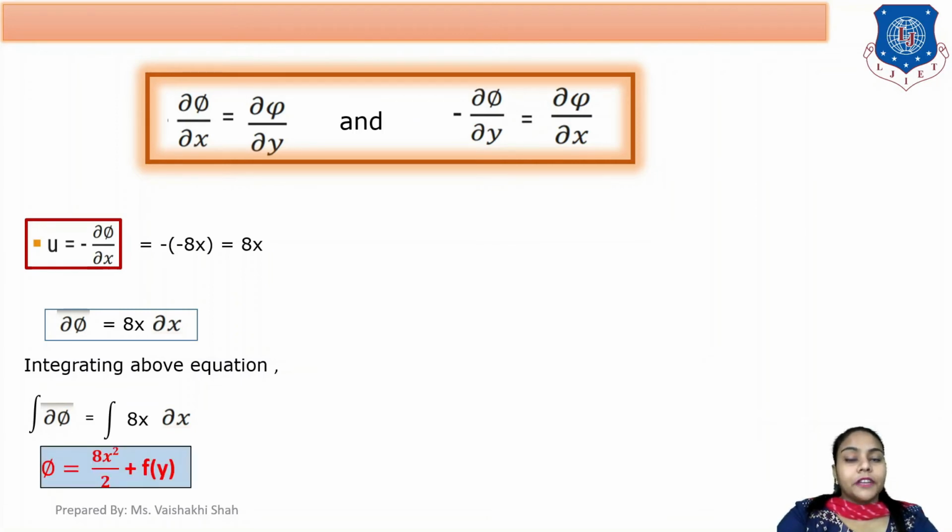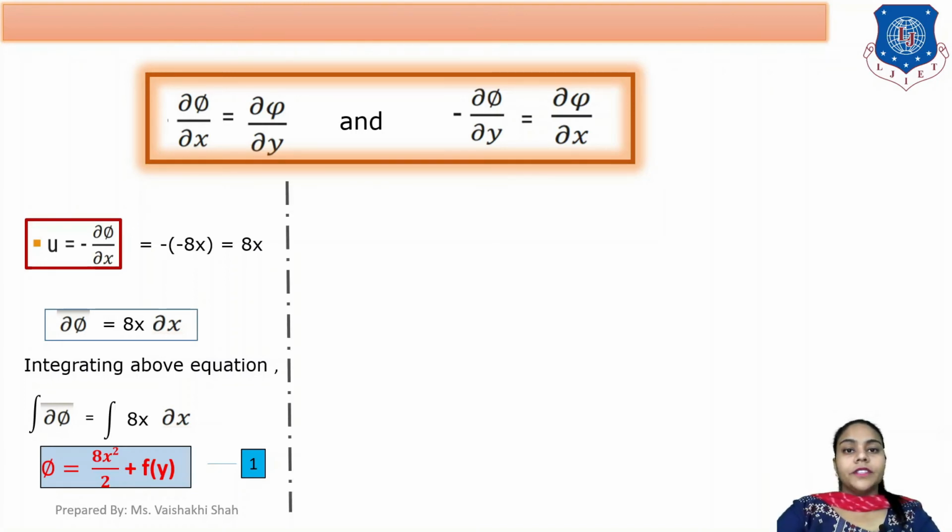So, you get phi equals 8x square by 2 plus f of y, where f of y is a constant of integration. And this is your equation number 1, where phi equals 8x square by 2 plus f of y.